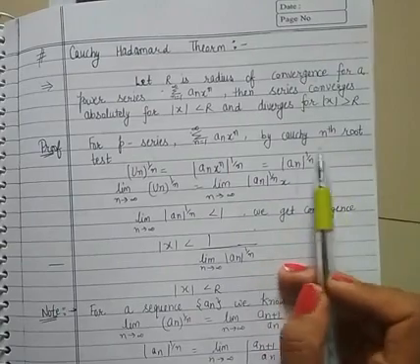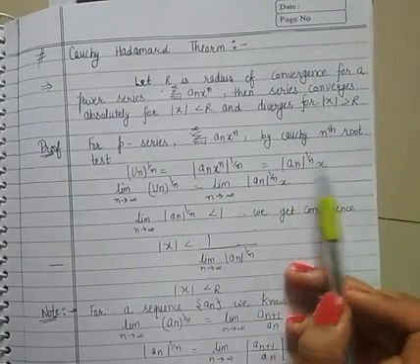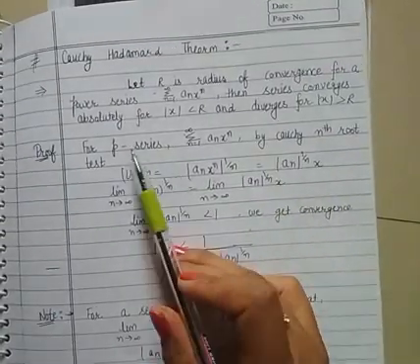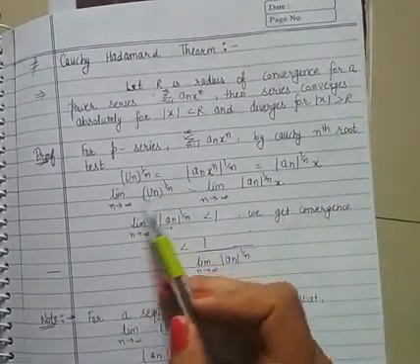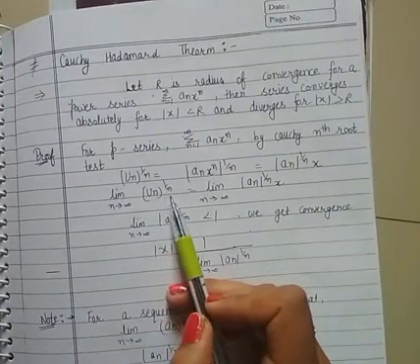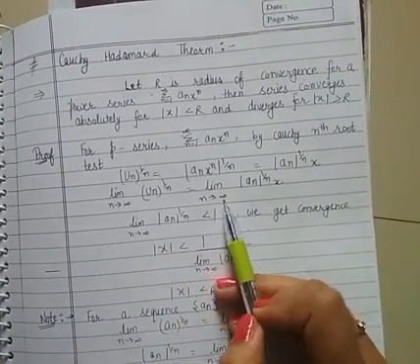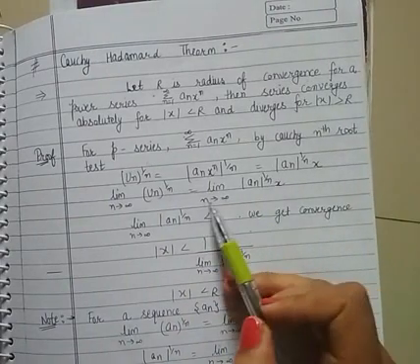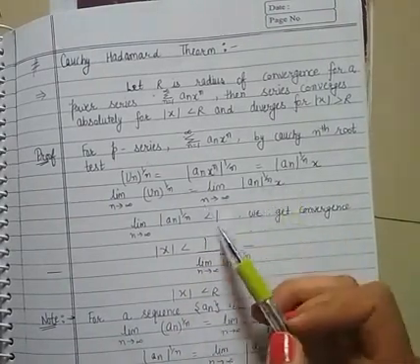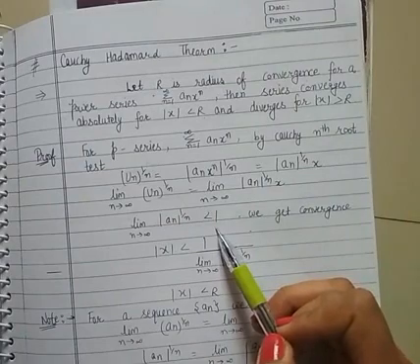This will converge by the Cauchy nth root test whenever it is less than 1. So limit n tends to infinity of u_n^(1/n), that is limit n tends to infinity of |a_n|^(1/n) times |x|. This will converge only if it is less than 1.